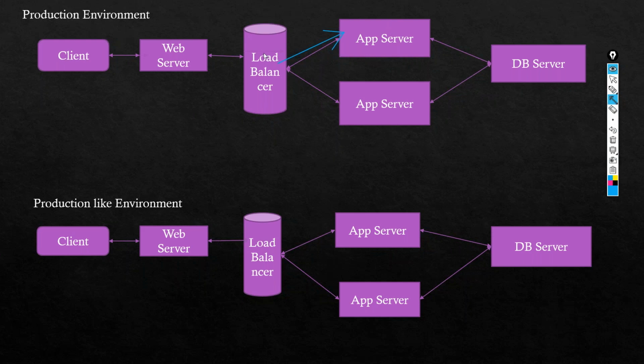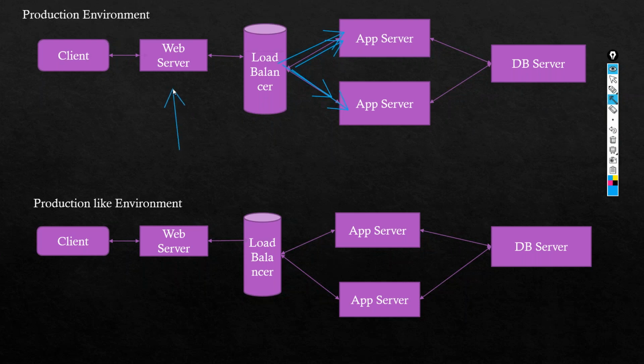So the job of a load balancer is to equally distribute the traffic. It will send 500 to this app server and 500 to that app server, so that the huge load of users is equally handled by different application servers. That is one main reason why the load balancer is added in this diagram.